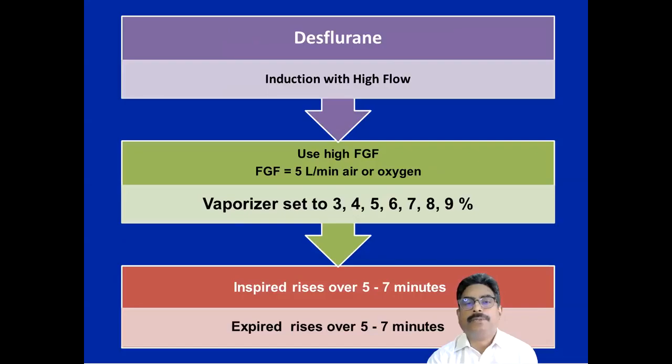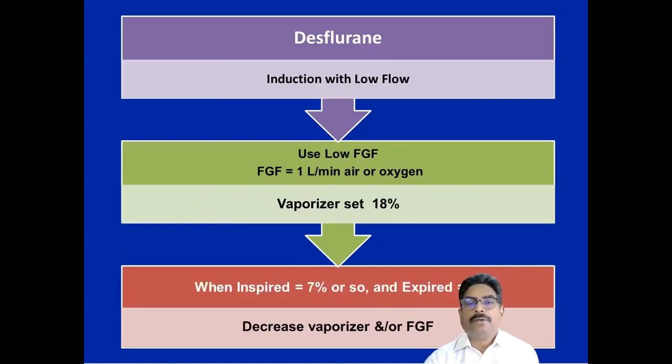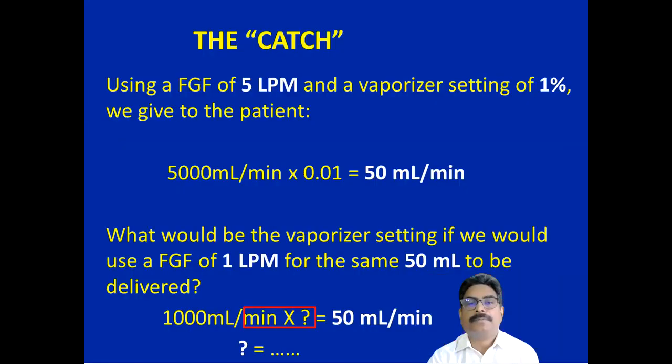Induction can be done by two methods in this flow rate. Initially, you can keep a high flow and low vaporizer settings to reach the anesthetic vapor of 500 ml in the first 10 minutes, or you can keep a low flow and high vaporizer settings to reach the inspired concentration in the inspiratory limb of the breathing circuit.